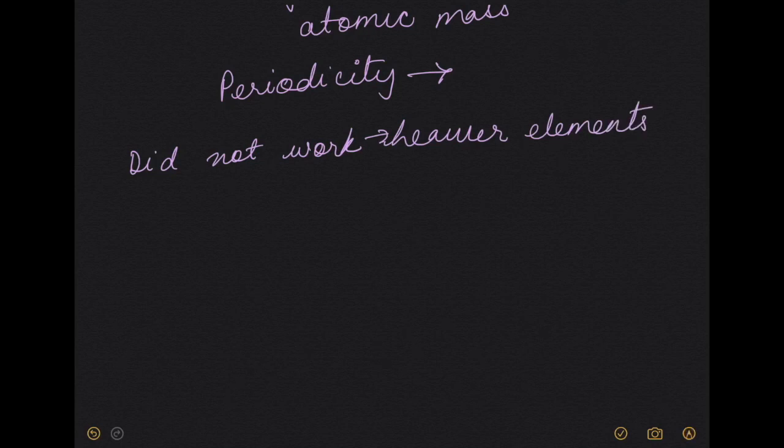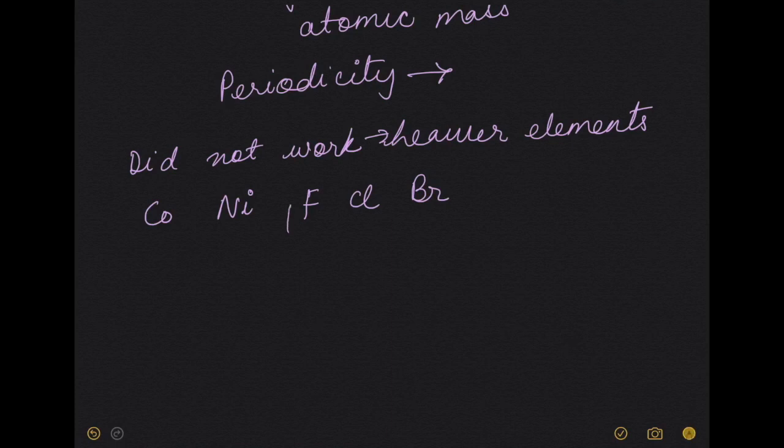As more and more elements were discovered, they could not be fitted in Newlands' octave, and Newlands adjusted two elements, cobalt and nickel, in the same slot, and these were placed in the same column as fluorine, chlorine and bromine, which have very different properties than these elements.